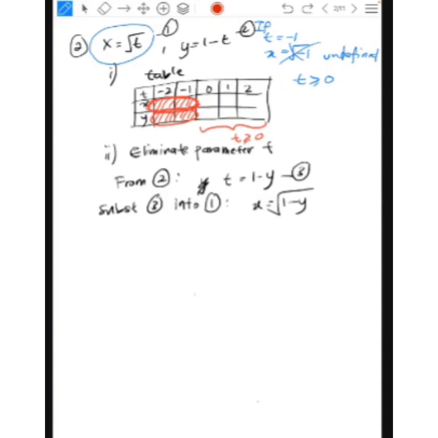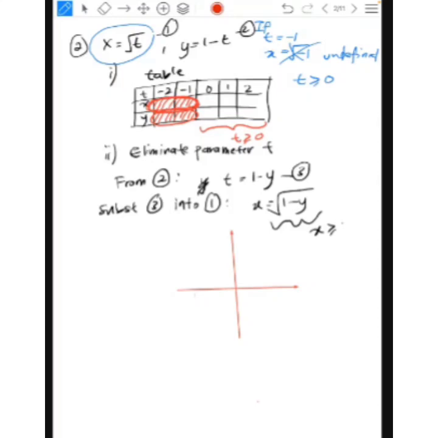For this one, obviously, kalau dah ada macam ni kan. The x has a square root, which means your x must be greater than or equal to 0 only. Sebab x tu dia tertakluk pada square root, sorry, not the square, square root. So square root is only defined if you have a value greater than or equal to 0.